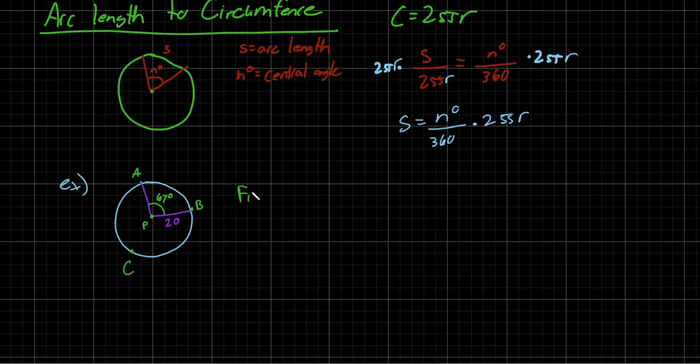So find the arc length of AB. Drew, is AB a minor or a major arc? Yeah, minor. So we're looking at this one right here, the minor one. So find me s. What does it equal?